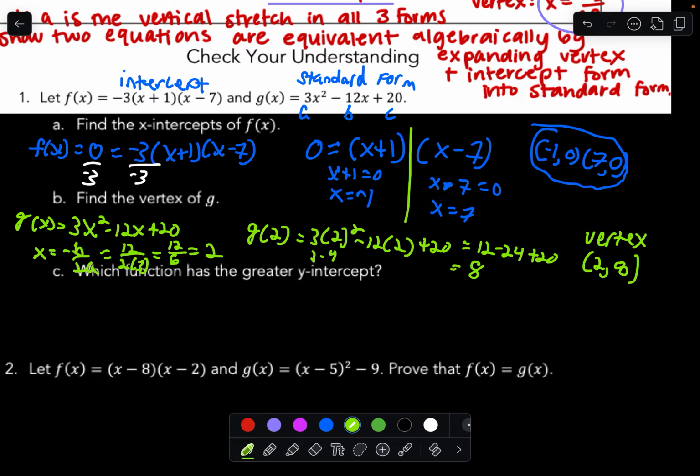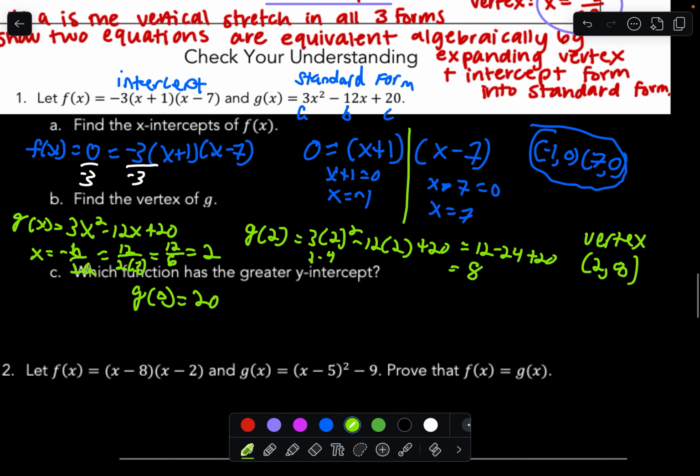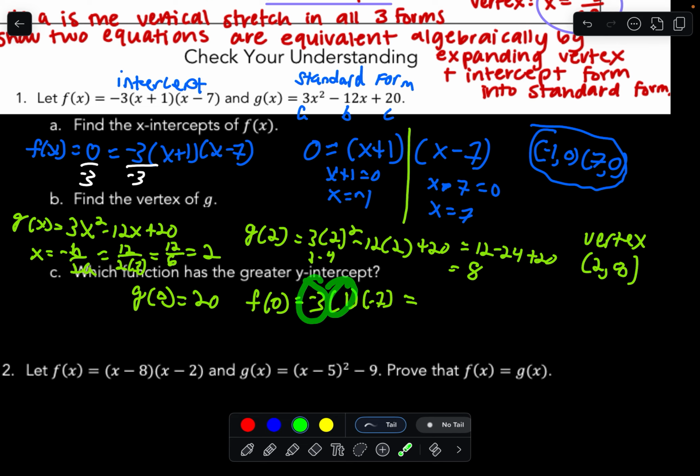Okay. Which function has the greater y-intercept? Well, g of 0 equals 20. Now we just have to figure out what f of 0 is. So f of 0 is going to equal negative 3 times 0 plus 1 is 1, and 0 minus 7 is negative 7. So negative 3 times 1 is negative 3 times negative 7 is a positive 21.